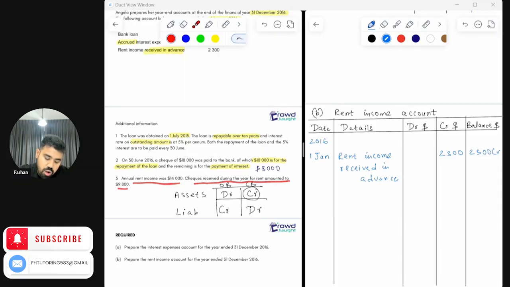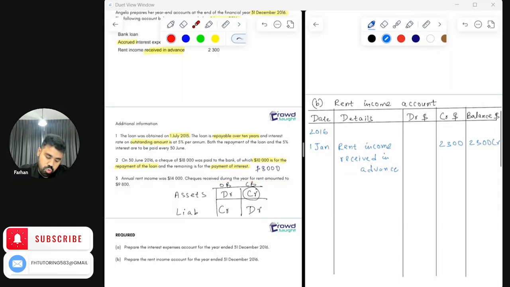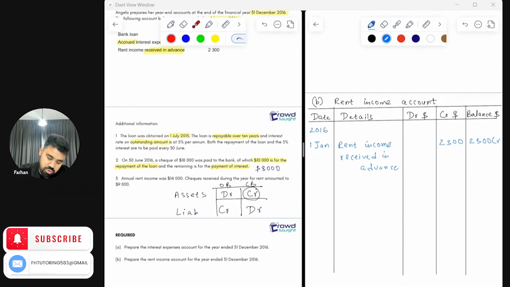So what we're going to do first is record. This is at the end of the financial year. In most cases, additional information is dealt with at the end of the financial year. So at 31 December, we know that we have received checks for rent, which are 9,800.